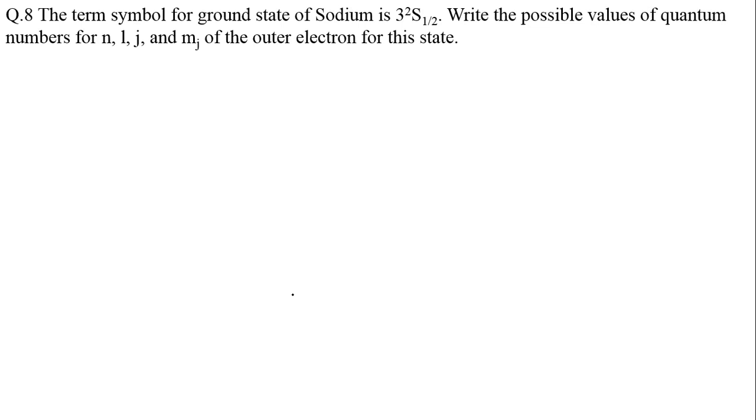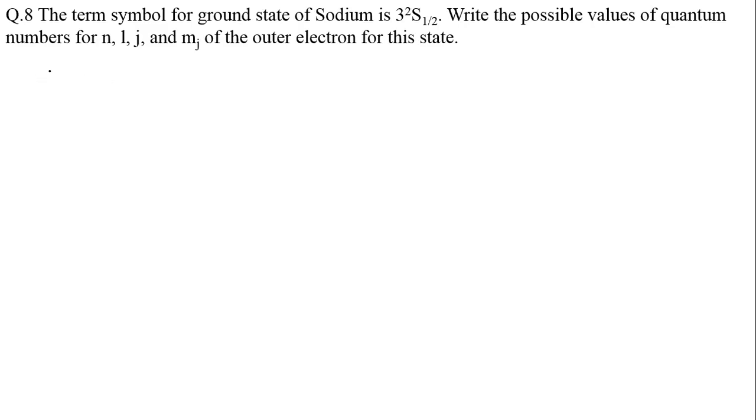The question says the term symbol for the ground state of sodium is 3 2S 1/2. What are the possible values of the quantum numbers n, l, j and mj of the outer electron for this state? It is a very straightforward and simple question.